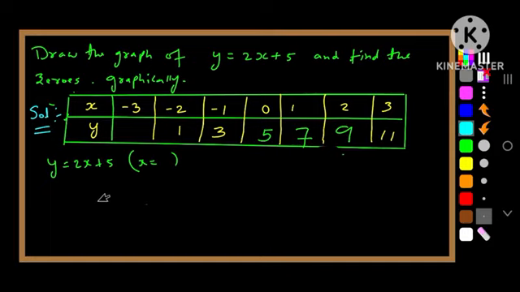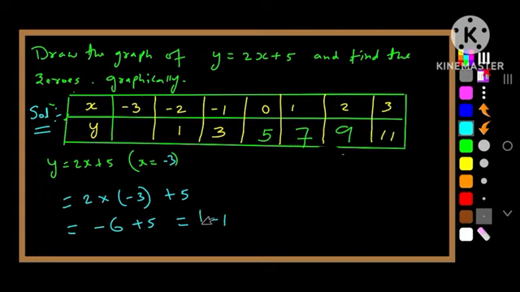So now we'll find out x is equal to minus 3. So 2 into minus 3 plus 5. 2 threes are 6, minus 6 plus 5. Minus into plus is minus. So you have to do minus. 6 minus 5 is 1. Greater number sign is minus. So the answer will be minus 1.